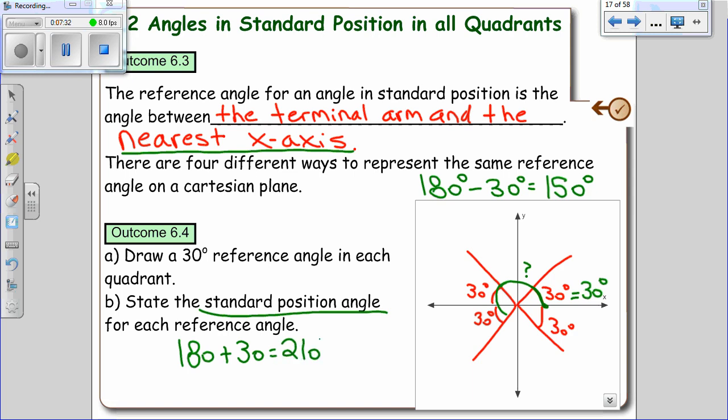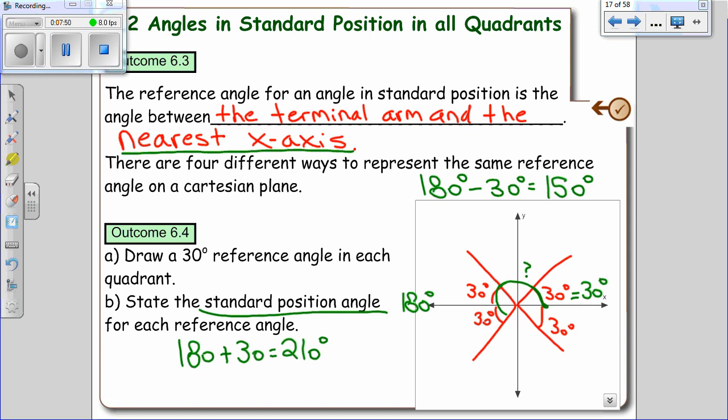Do you see how that's working? I went all the way to 180, which was this spot right here, and then I added an extra 30 to get to that terminal arm. The one before, I went to 180 minus 30 to get to the terminal arm.